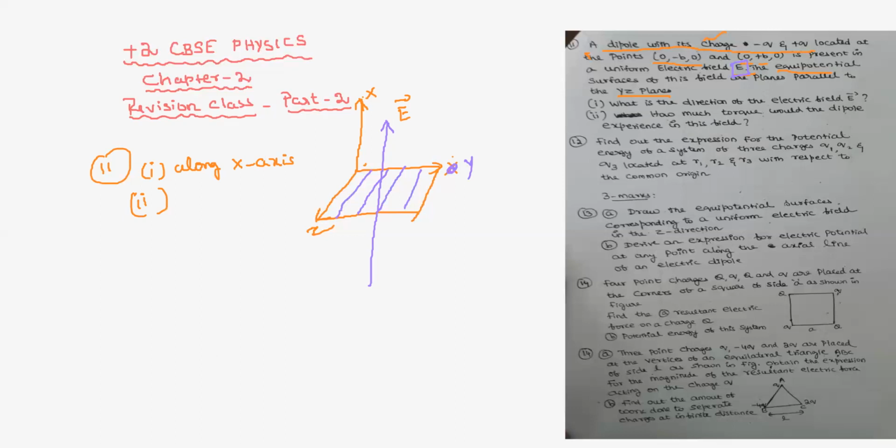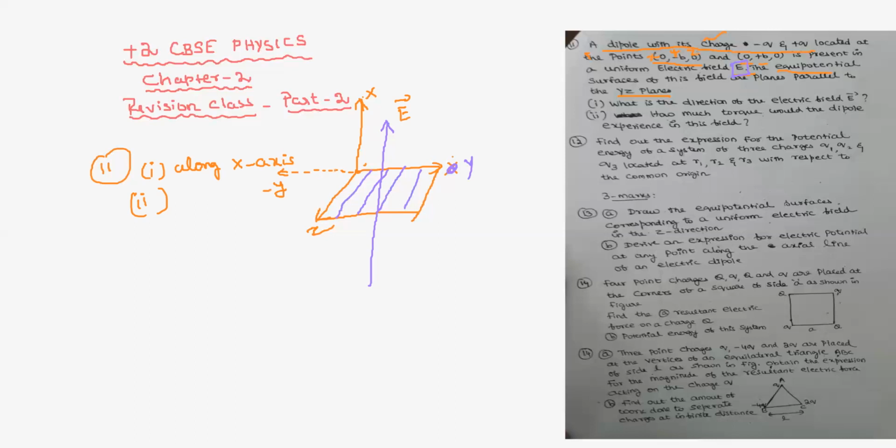So this is x, this is y, z. Y is minus b, so in the opposite direction of the y-axis, I'm drawing the minus y-axis. It will be along this direction, this is minus y.